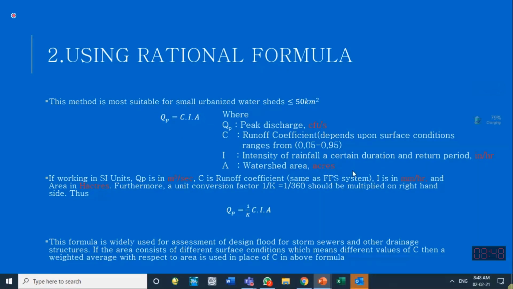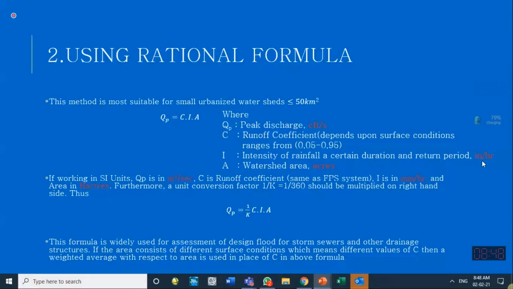C, as given in the literature, is from 0.05 to 0.95. The more impermeable surface in the watershed, the higher the C value. If it is 100% impervious and no evaporation losses, then C will be 1. It means whatever rainfall is coming, multiplied by area, the same will be the runoff reaching the outlet.